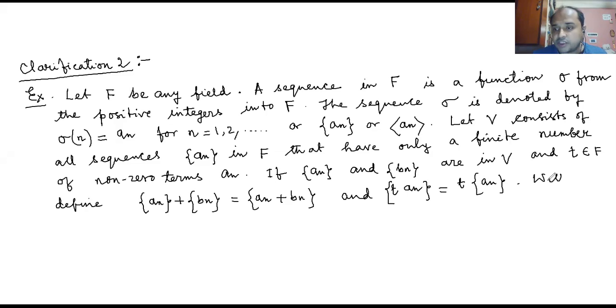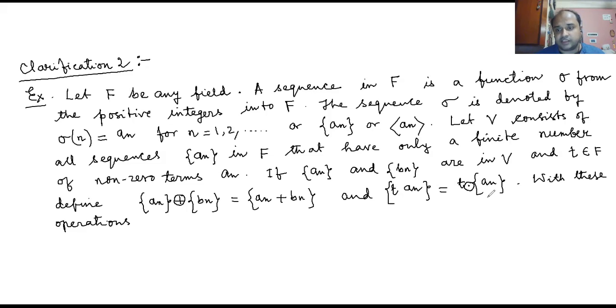With these operations, we can write this plus for vector addition and this dot for vector scalar multiplication.